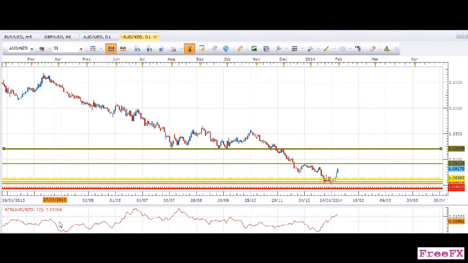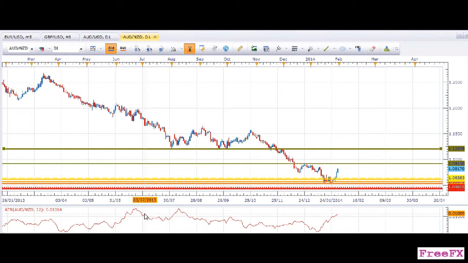But as you can see from the average true range graph at the bottom, currently we are about this level, and this is 106. Where can we find 106? Okay, so we're about the same level as back in July.